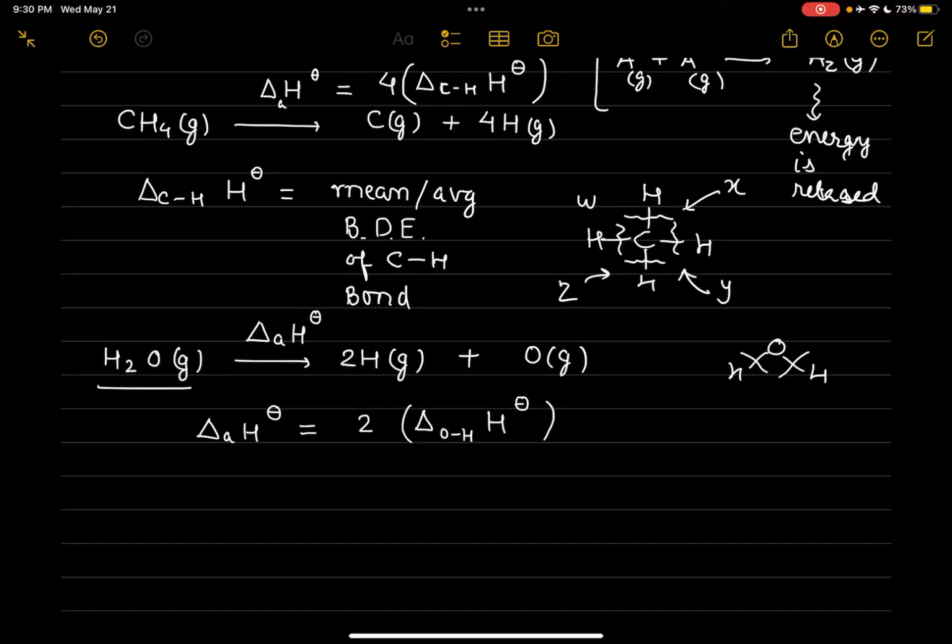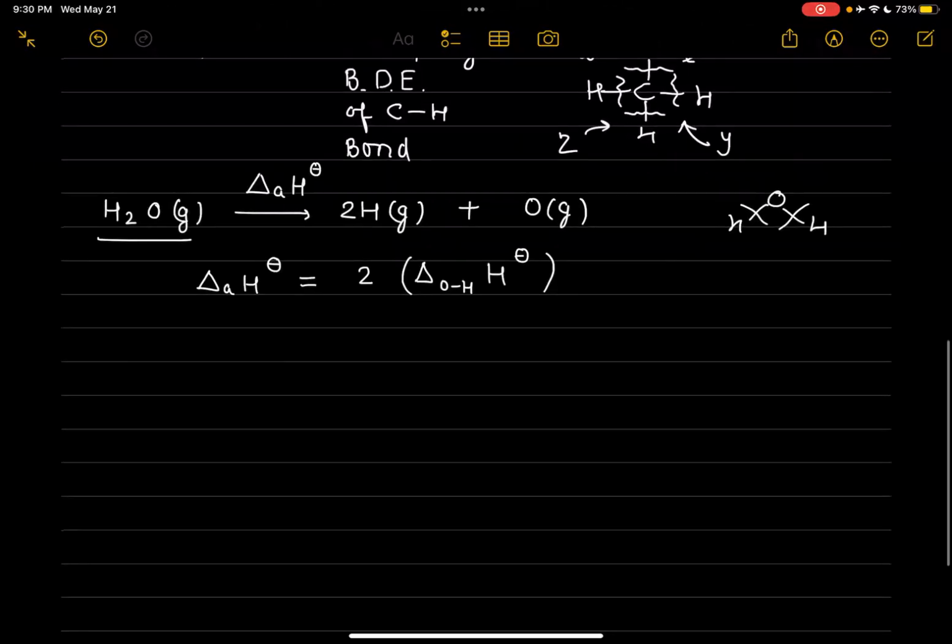So this is simple, but you need to take it in the gaseous form. That is very, very important. Why does it need to be taken in the gaseous form? Why can I not take it in ice form for bond dissociation enthalpy?